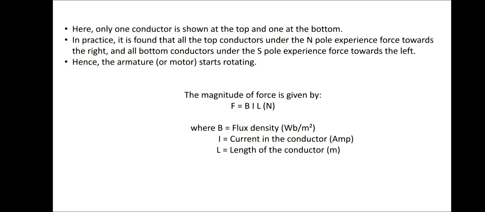But here only one conductor is shown at the top and one at the bottom. In practice, all the top conductors under N pole experience force towards right, and all the bottom conductors under the S pole experience force towards left. Hence the armature or the motor starts rotating.